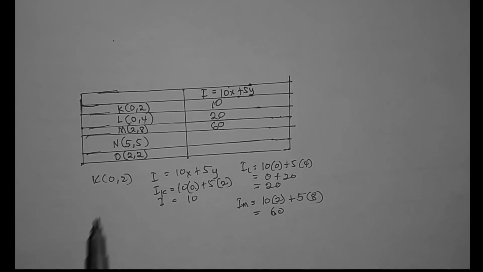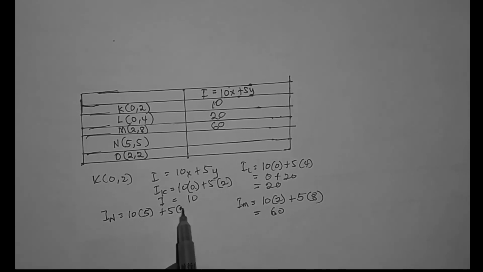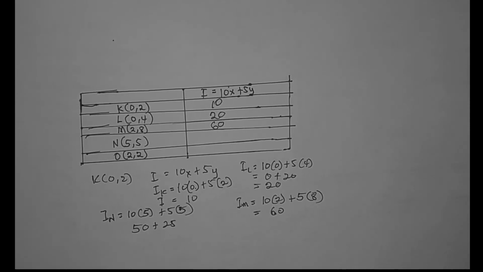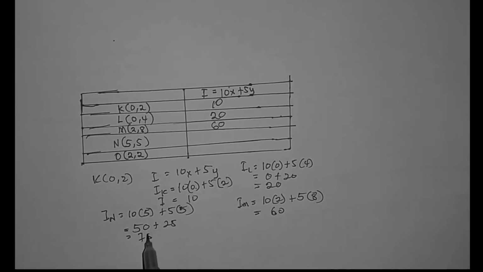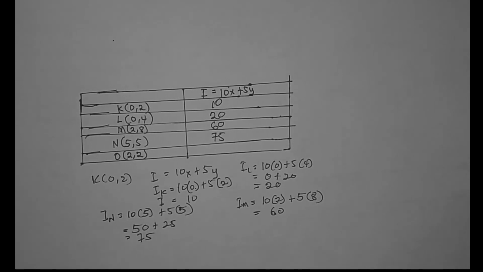Then I of N, which is (5, 5). So 10 times 5 plus 5 times 5. 10 times 5 is 50, plus 5 times 5 is 25. 50 plus 25 will give you 75. And therefore, this part is 75.